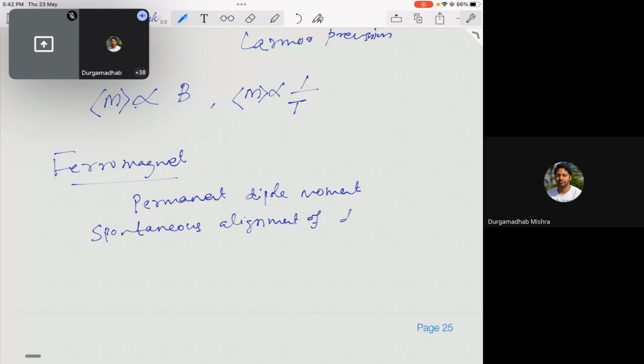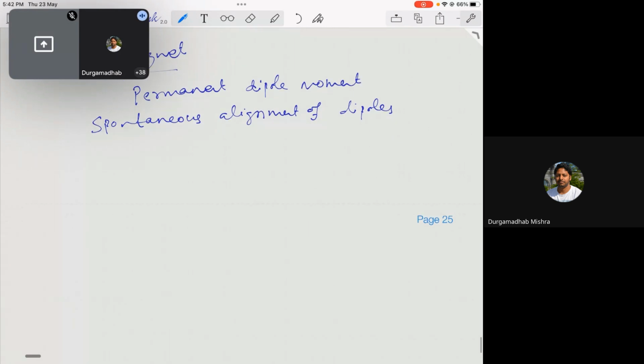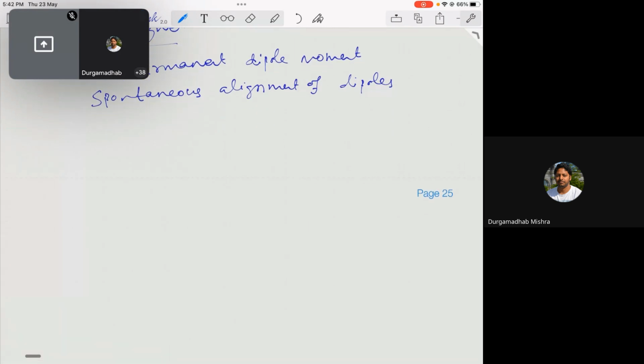So how can this be demonstrated in a ferromagnetic material? They form these regions which are known as domains. And what are these domains?